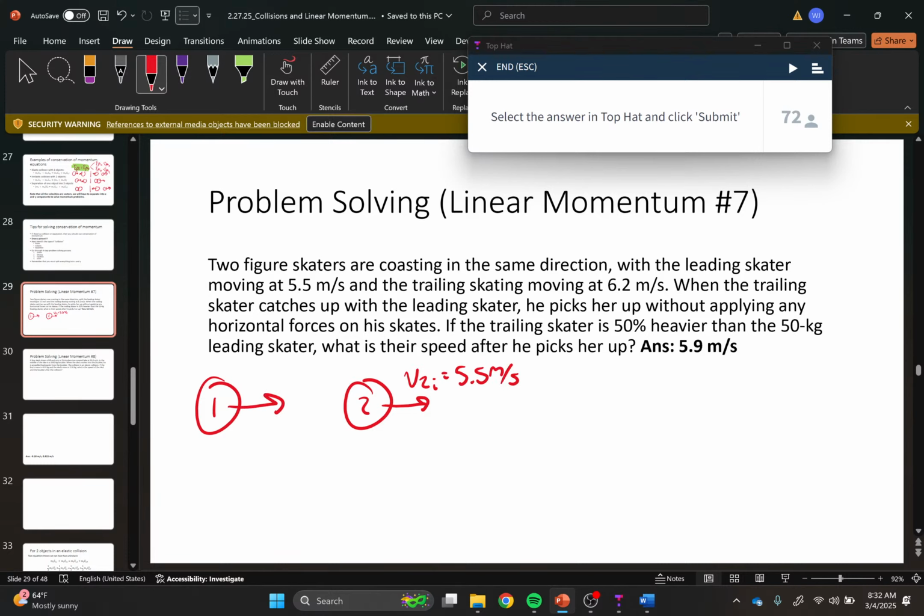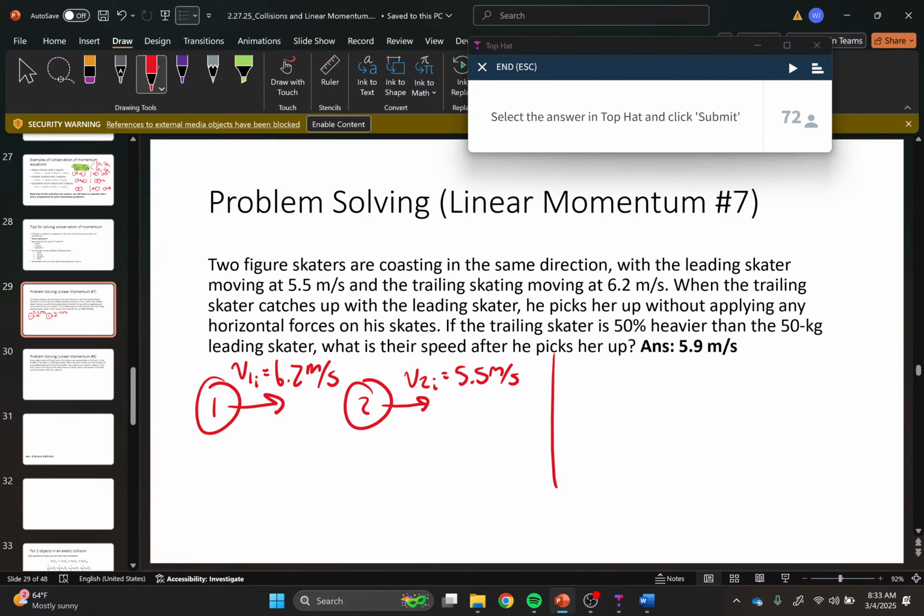And then this person is going faster. This is V1 initial equals 6.2 meters per second. So already I'm using my notation here. It's not the worst thing if you don't use your notation, but you will at some point need to. I have the velocity of person 1 in the beginning, I have the velocity of person 2 in the beginning, and by putting all that there, it makes it easier later on.